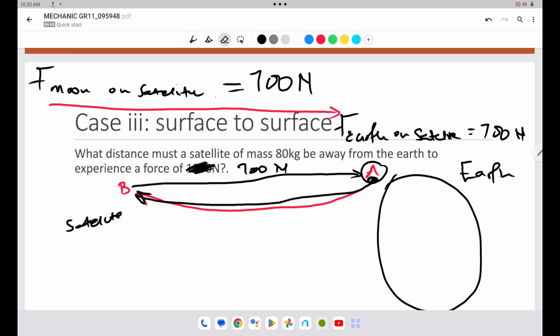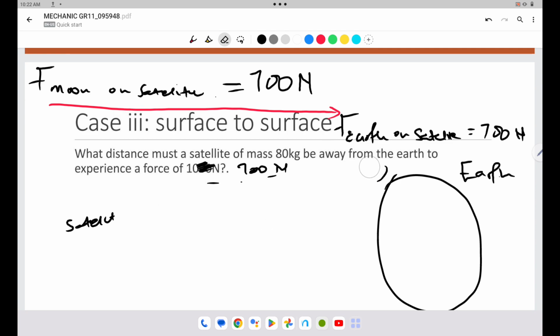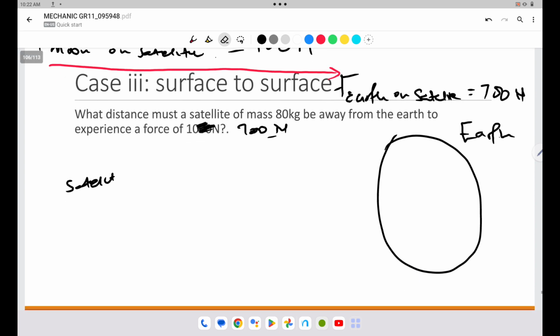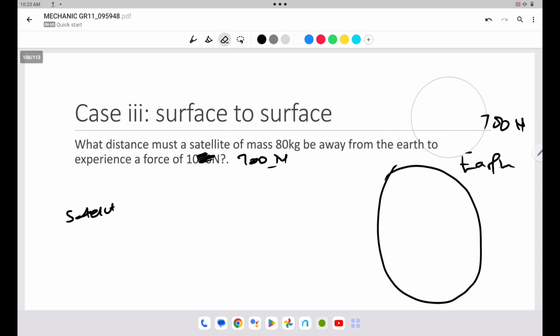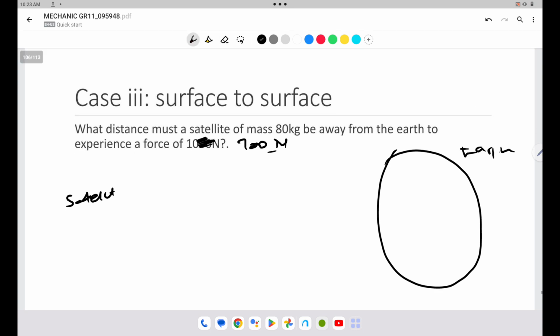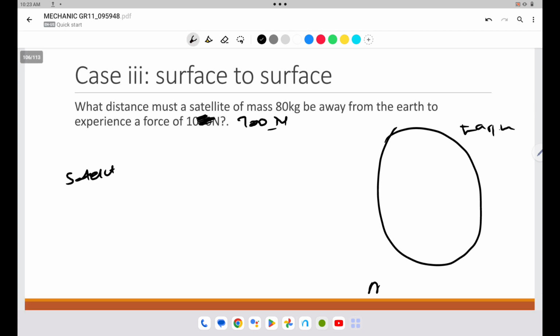Okay. So now let us go back to our problem at hand. So what do we know about the Earth? Remember I said that the mass of the Earth is always given on the data sheet. The mass of the Earth is 5.98 times 10 to the power 24 kilograms. Mass of the satellite, that was given as 80 kilogram.